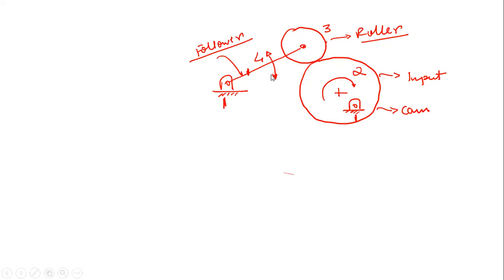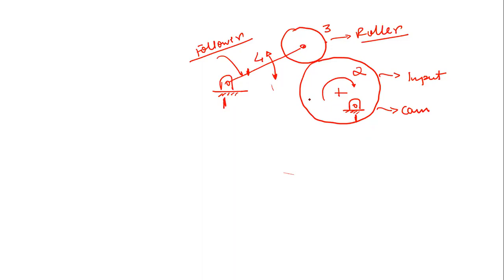So just tell me, can you spot any link here, the motion of which is not going to affect the motion of any other link? In very simple words, if I go in the reverse way and oscillate this rocker, right, is this input link going to turn?